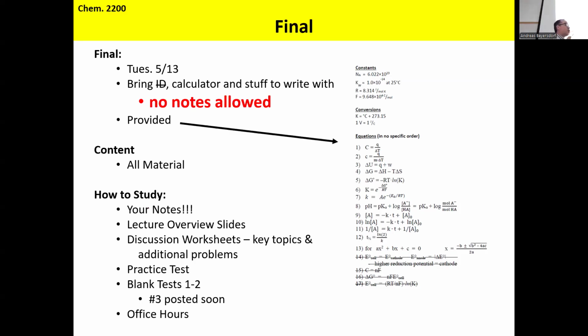You should probably try out the blank tests from number 1 through 3. I reposted those, or 1 and 2. Number 3 will be posted soon, once the few students taking makeups right now are done. And then I'll have office hours.